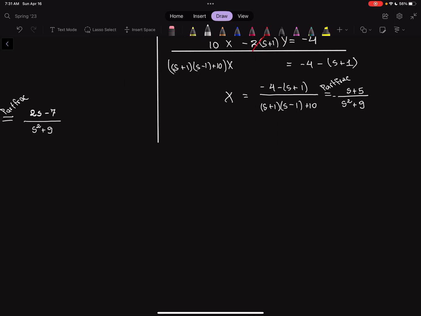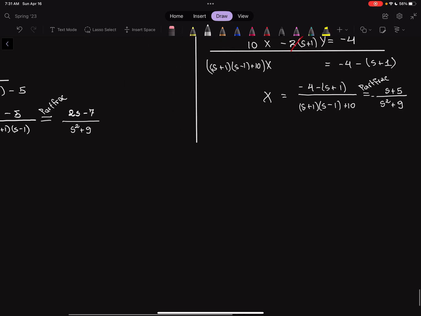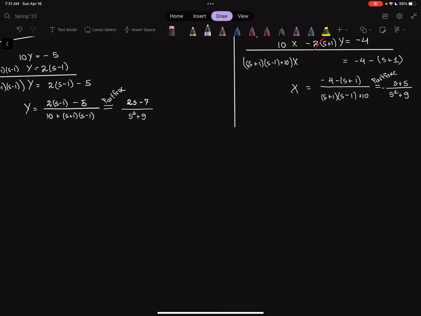So now that we have all of this, what we want to do is convert them into a form that would be useful, that we could invert again. So what would that be? Well, if I look at the table that I have, it seems like we have an s squared plus something.